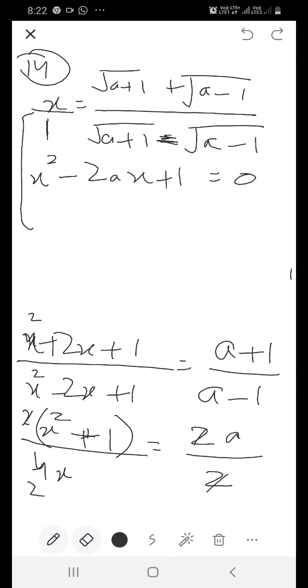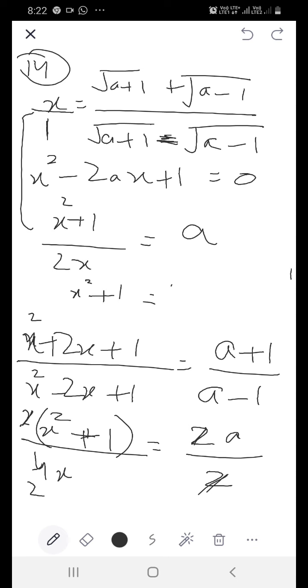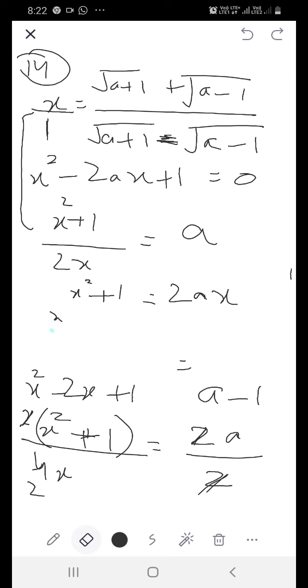You are left with x square plus 1. This 2 has cancelled, upon 2x is equal to a. This 2 also has cancelled. Take this 2x to the right. It will become x square plus 1 is equal to 2ax. Again transpose it to the left. It will become x square. Transpose it to the left.